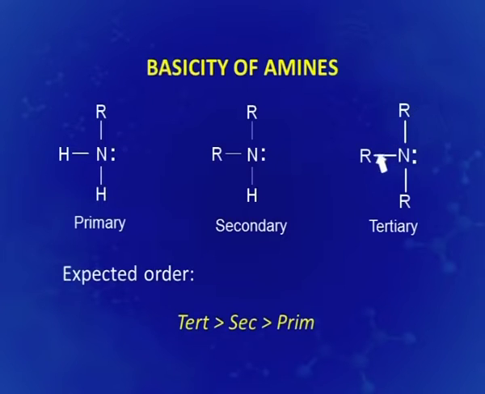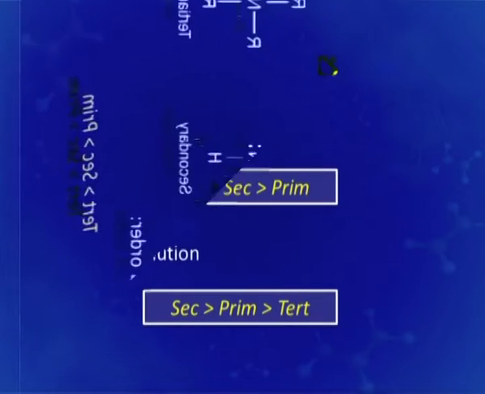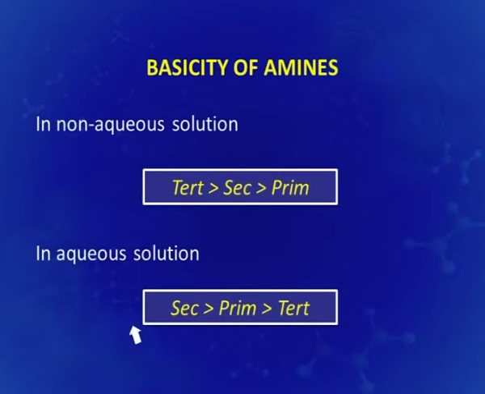Now, these alkyl groups make it difficult for the lone pair on the nitrogen atom to get solvated, or to let the solvent molecules solvate this particular molecule. As a result, the lone pair becomes less available for the substrate to act on, and therefore, the order of basicity is as shown here.